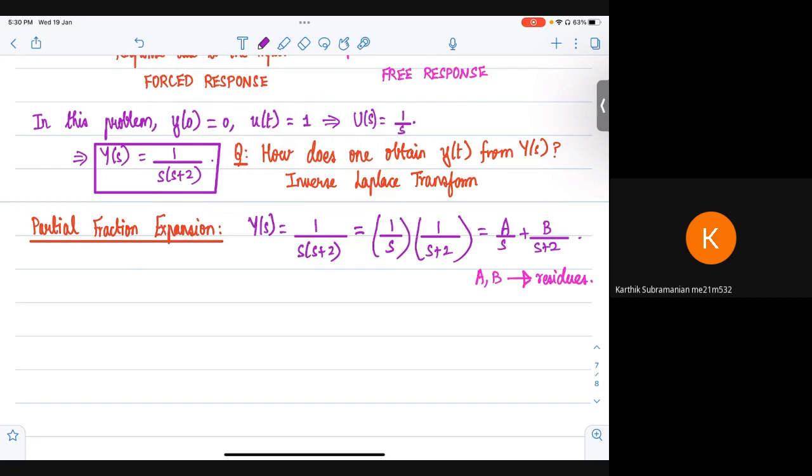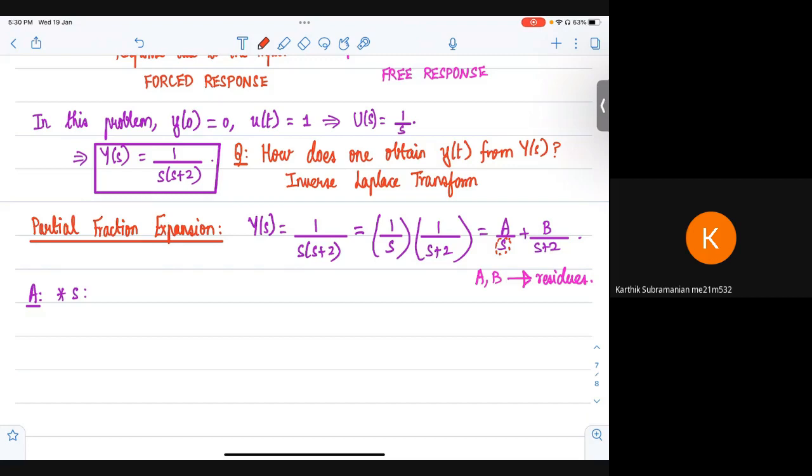So let's say I want to find the residue a. What we do is we multiply both sides by the factor s, and the factor s appears in the denominator of a.